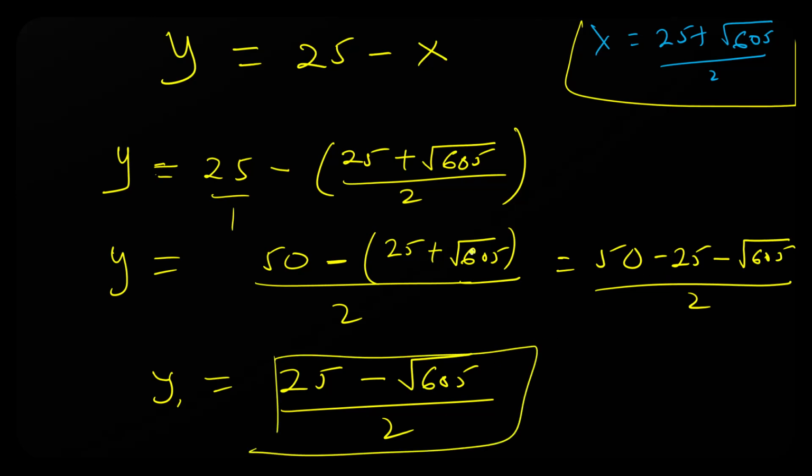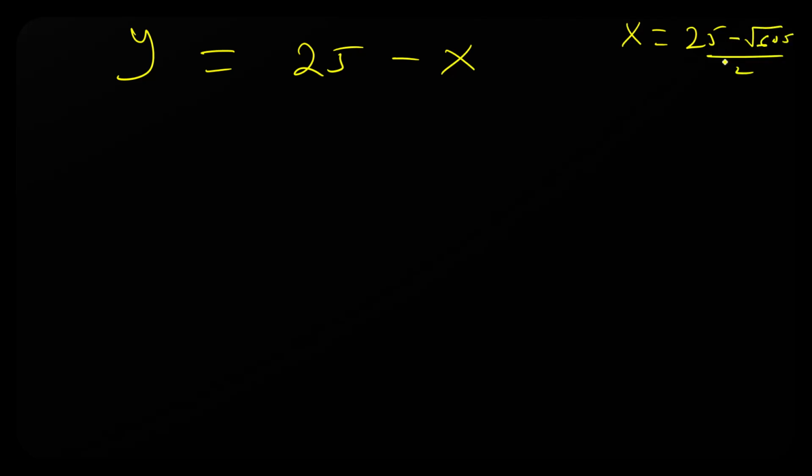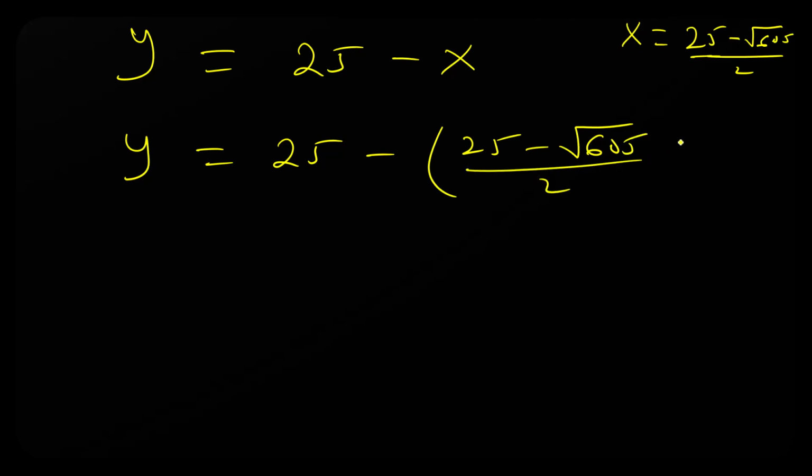Okay, so let's look at the other one. Y equals 25 minus x. Now when x is 25 minus square root of 605 on 2. So let's observe this. So that will be y equals 25 minus 25 minus square root of 605 on 2.